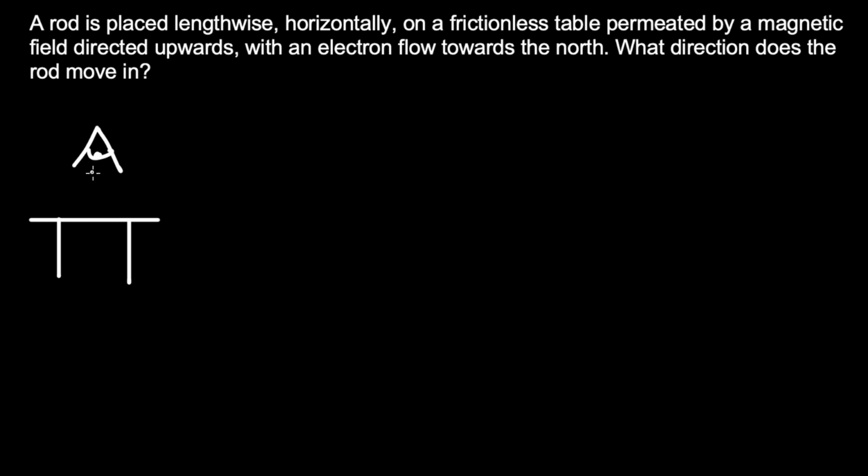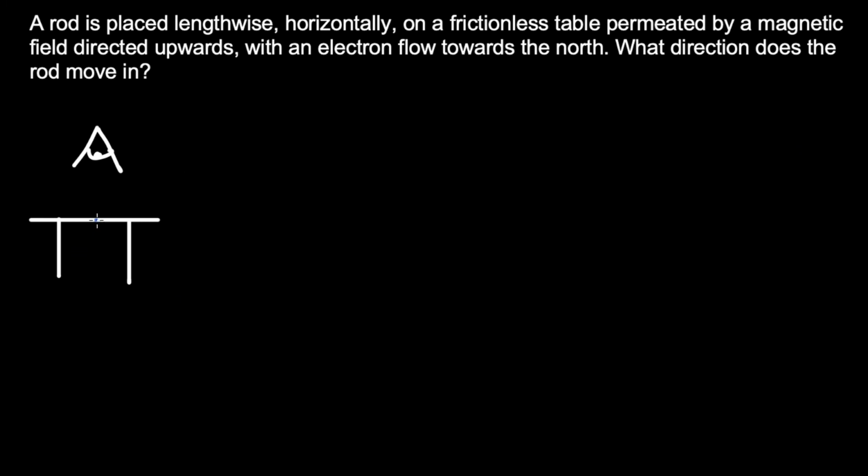Other things that you could have done is view it from the side, like over here, or from behind, over here, or from in front. But I'm going to choose the bird's eye view because I think it best suits this scenario. This is something that you'll have to develop when working through physics problems. How do you want to look at the question?